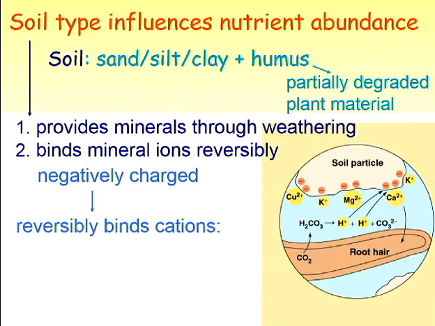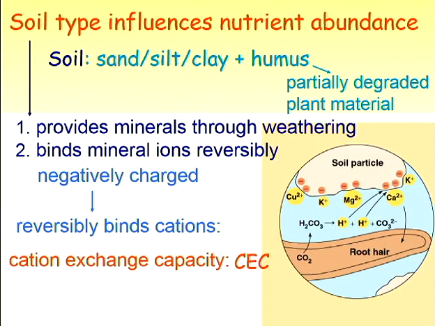Particularly important is cations binding to negative groups, and that's called cation exchange capacity. So this is a form of slow release. It's a buffer, a storage form of soils for cations that plants can take away from those soil particles.